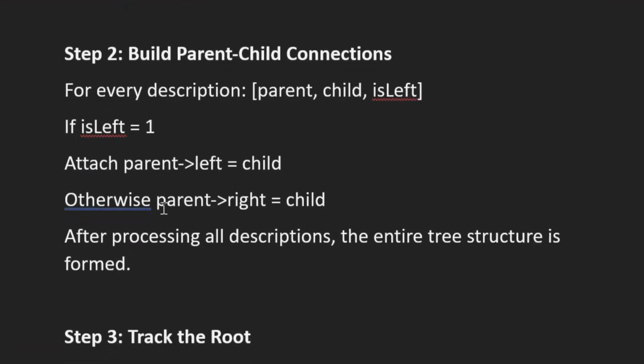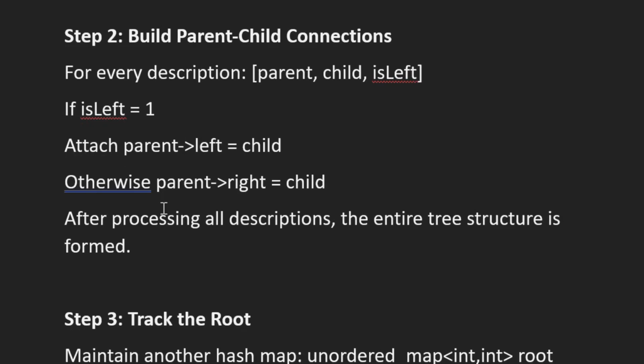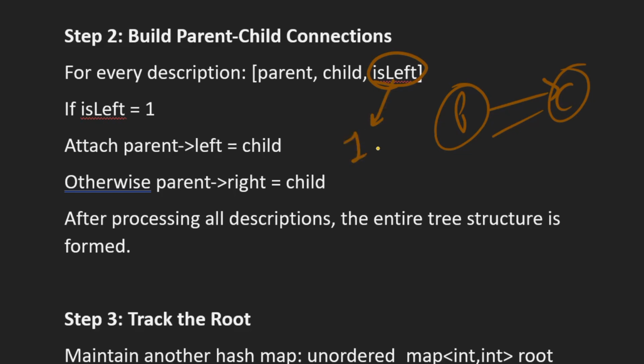After creating the node, we'll connect the parent and the child node. For that we check the value of isLeft. If isLeft is 1, then we connect the child on the left side, that is, parent of left is equal to child.